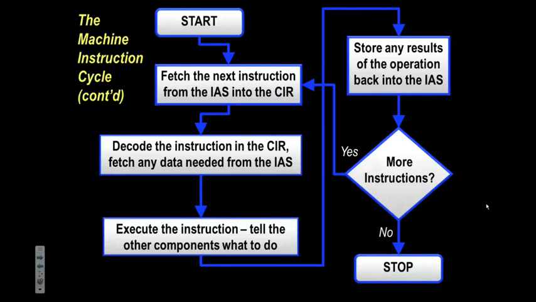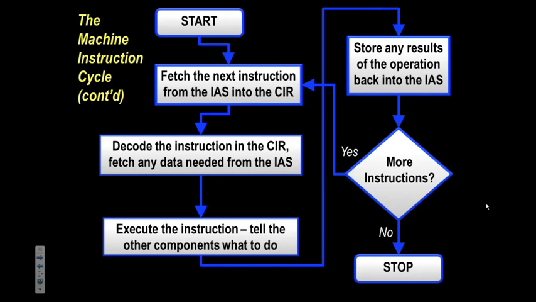I need to go get those 2 numbers, so I go get the 2 numbers I'm about to add. I might need to get more information to execute the instruction I've just been given. Then I execute it. Now I may give that to the ALU and say, I need you to add these 2 numbers up for me. I now know what to do. Then I put the results back into storage over here.